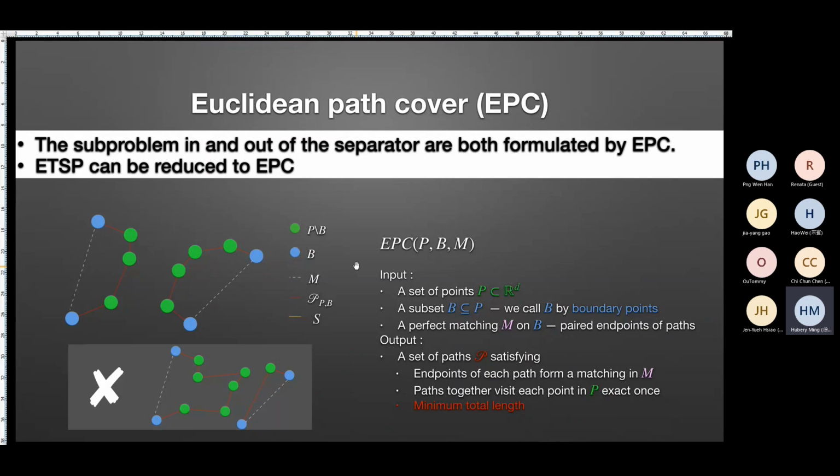Given the three inputs, the target is to find a set of paths that could visit each point of the given input P, such that the endpoints are the perfect matching.